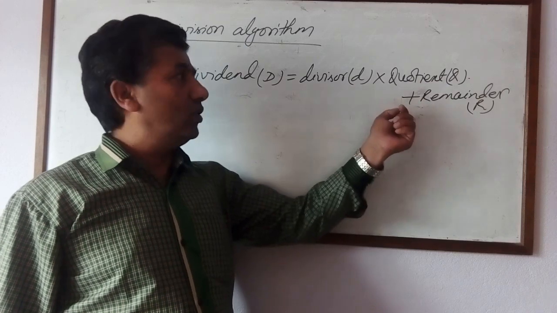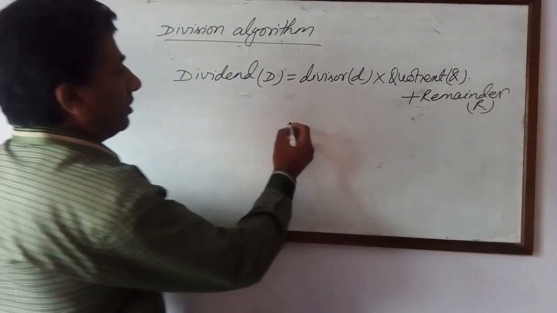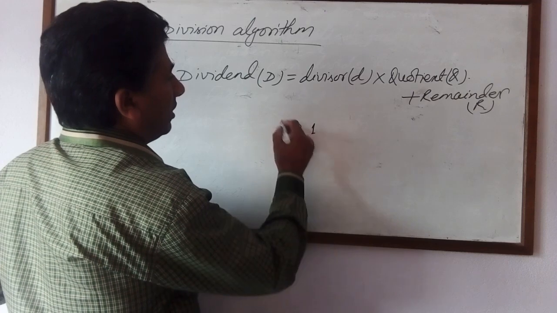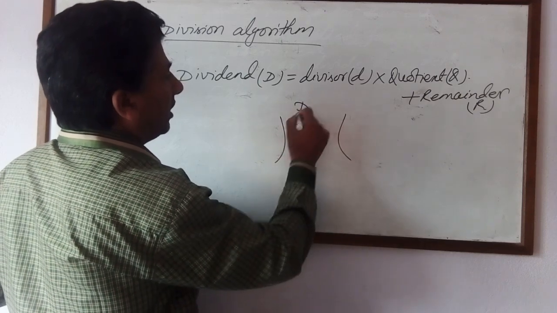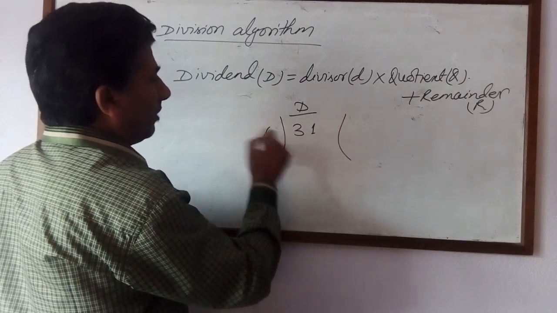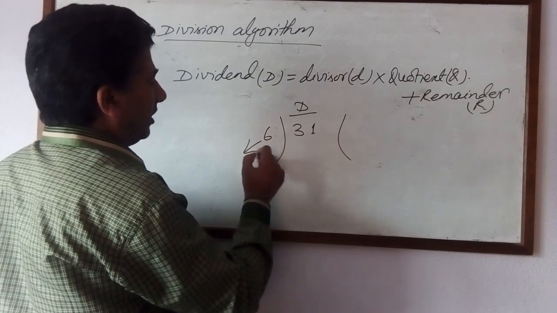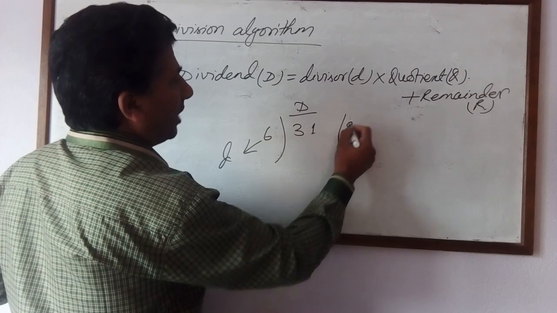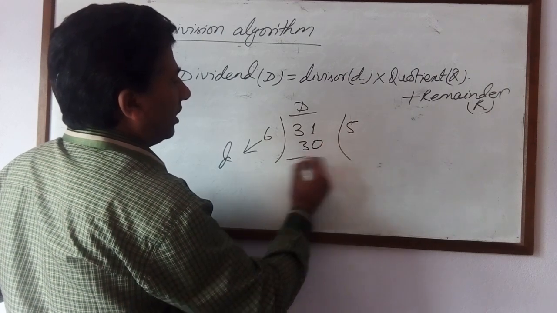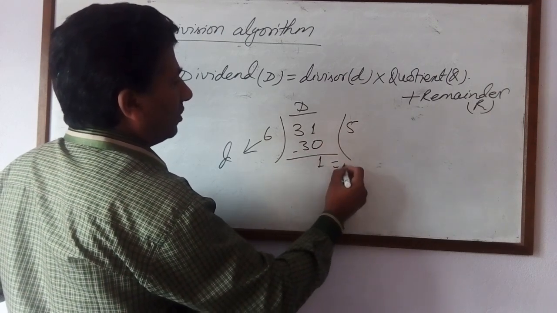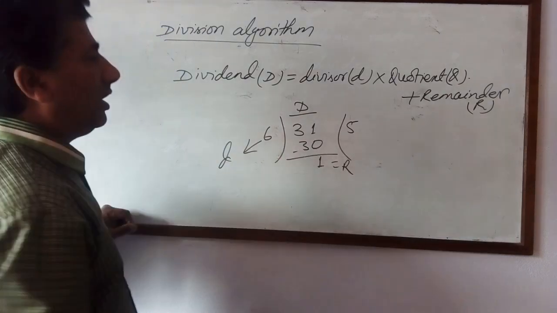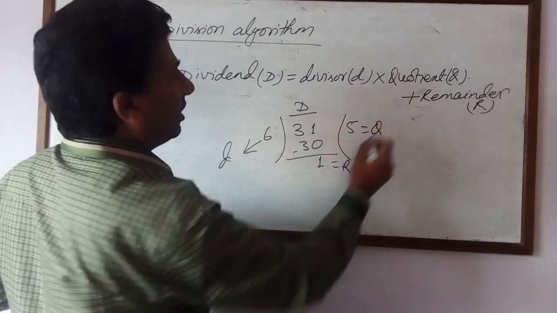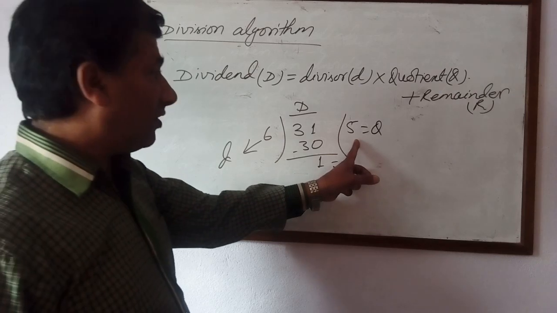This is always true. For example, suppose there is 31, this 31 is the dividend. If we divide by 6, this 6 is called the divisor. 6 divides 31 five times, 30, remainder is 1. This 5 is called the quotient. Quotient means the result of division.